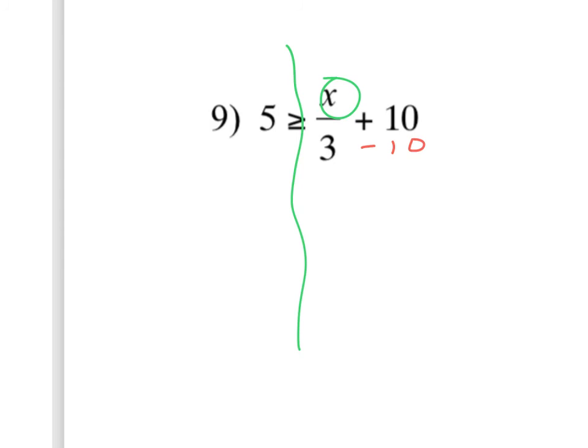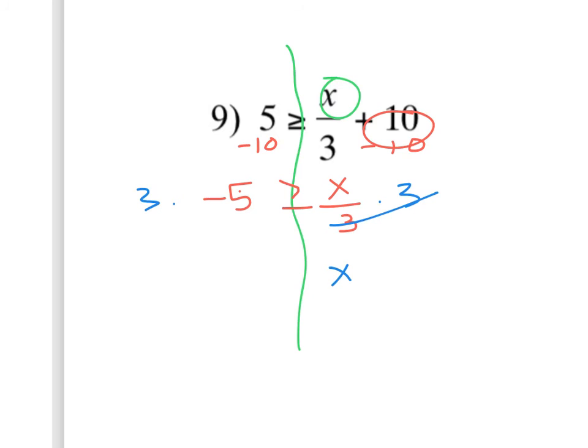Subtract 10, 0, x divided by 3, and that's going to be a negative 5. Times 3, that cancels out, x, and that would be a negative 15. So that would be correct.